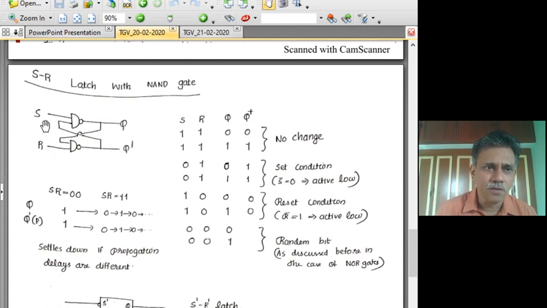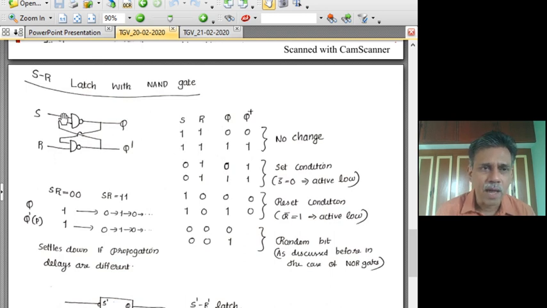That is, as long as S equals 1, R equals 1, just treat Q as a variable: Q gets complemented and becomes Q bar, and Q bar gets complemented and becomes Q. This would be true whatever the value of Q, 0 or 1. So Q plus is the same as Q, and therefore it is a no change condition. The no change condition occurs for the combination S equals 1, R equals 1.